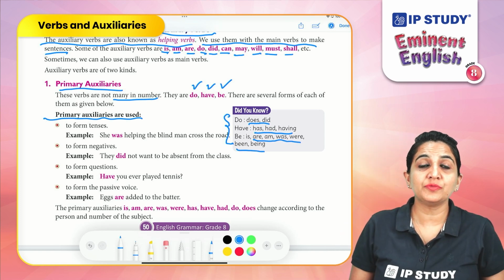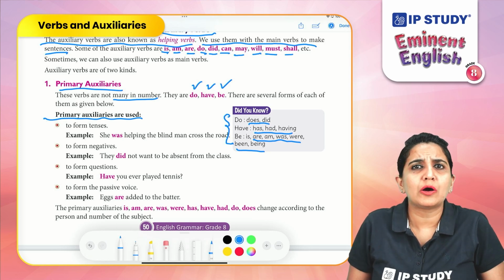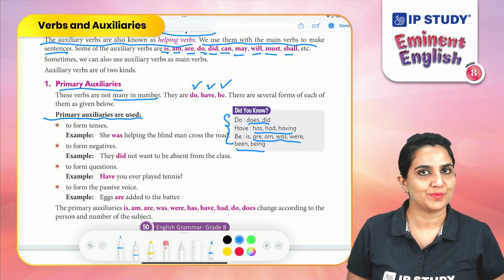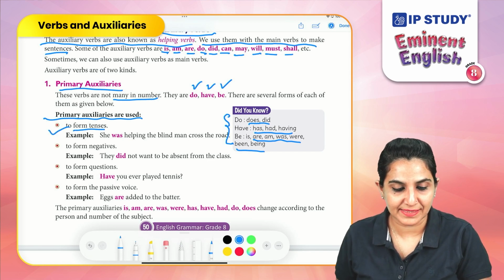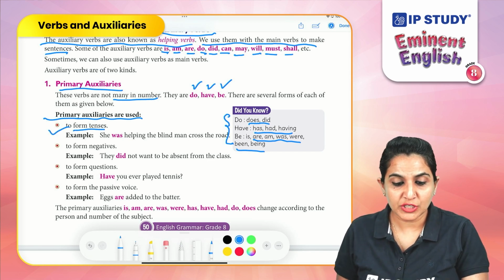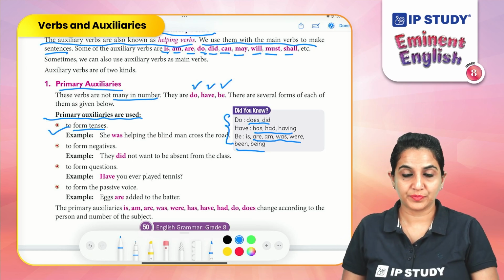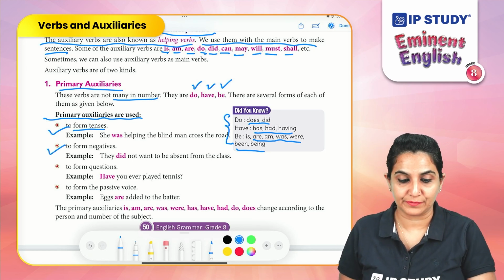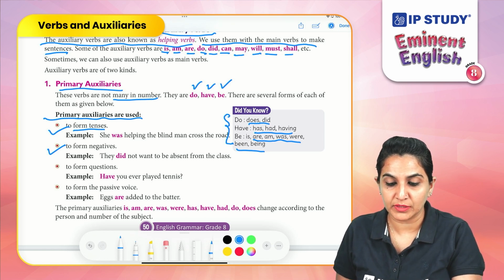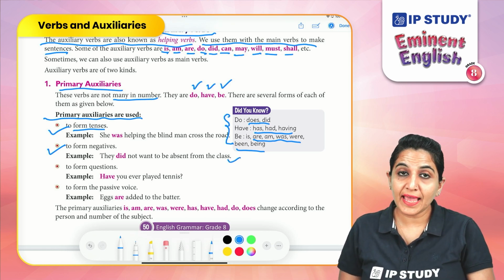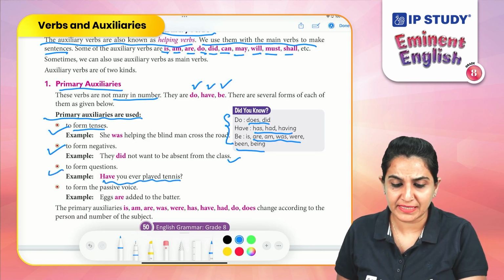Now, why do we need primary auxiliaries and how do they help sentences or the main verbs? They help to form tenses. For example, she was helping the blind man cross the road. They help to form negatives. For example, they did not want to be absent from the class. They help to form questions. For example, have you ever played tennis?